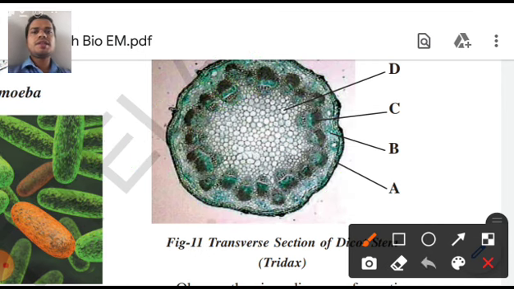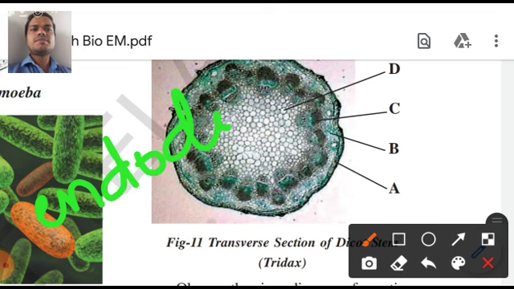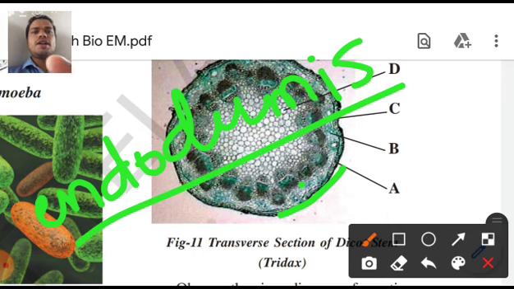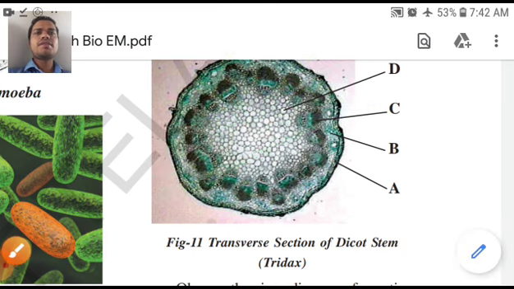Now what is the meaning of endodermis? Endo means inner, dermis means skin. Just below this first layer another second layer is there, and this is also a type of skin-like protective tissue. That's why this is called endodermis. Endo means inner, dermis means skin. I hope everyone has understood.